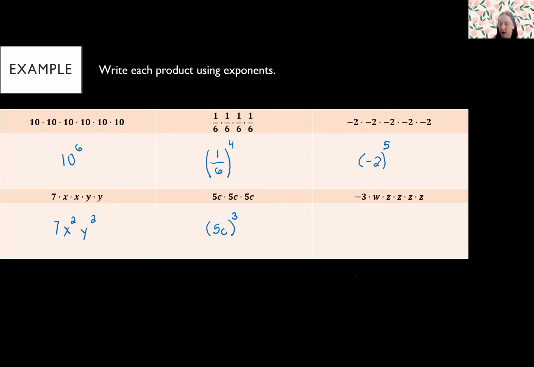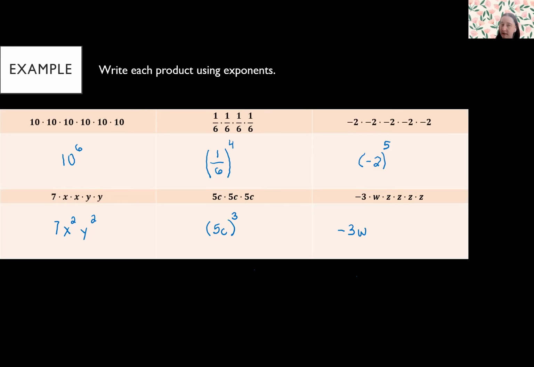Now, to the right, the last one we have here, we have -3 times w times z times z times z times z. So our -3 is not being multiplied by another -3. So it's just going to stay as a -3. We don't have w multiplied by another w or anything. So that's going to stay as w.